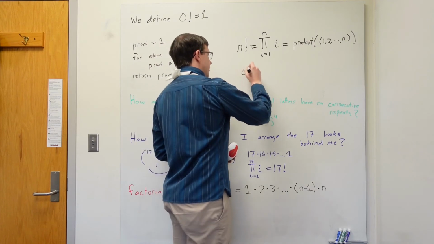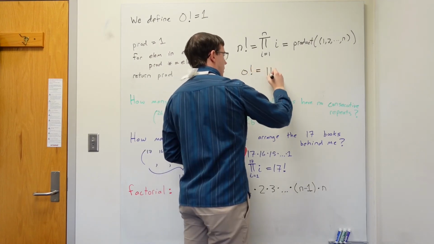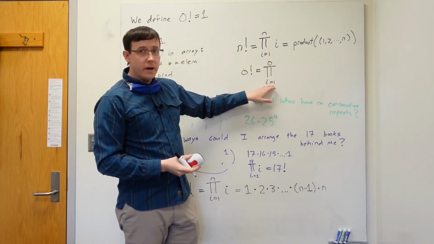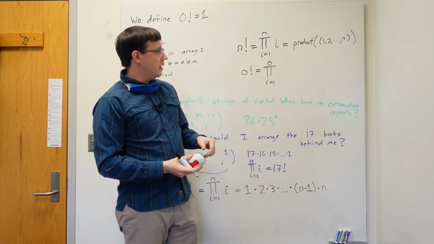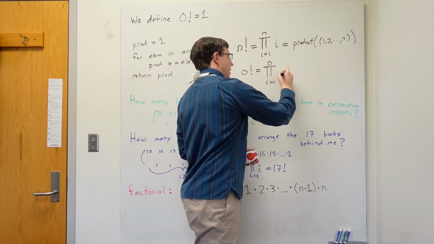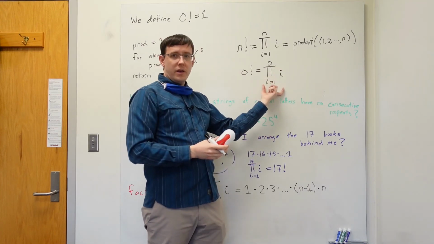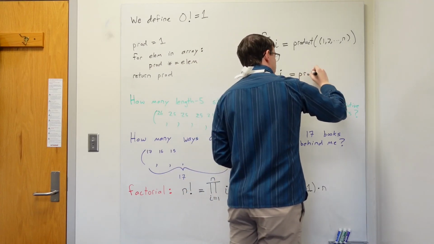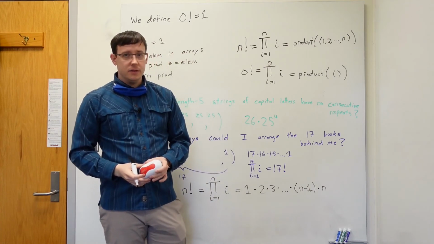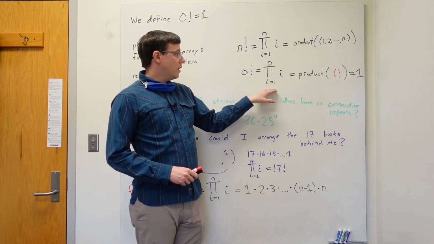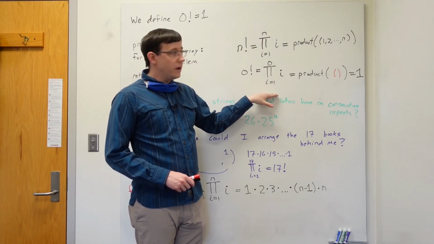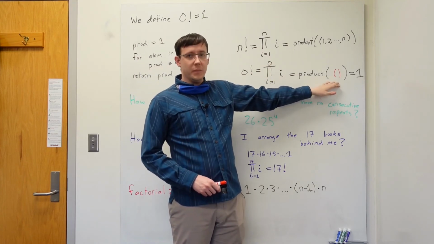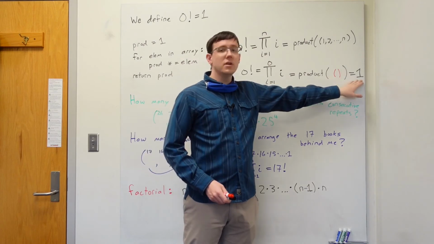And so 0 factorial is the product from 1 up to 0 of the elements i, but this product has no elements, and so it's like calling our product function on an empty list. And so our product from i equals 1 up to 0 is a product of an empty list, and so it makes sense that that product of an empty list gives us 1.